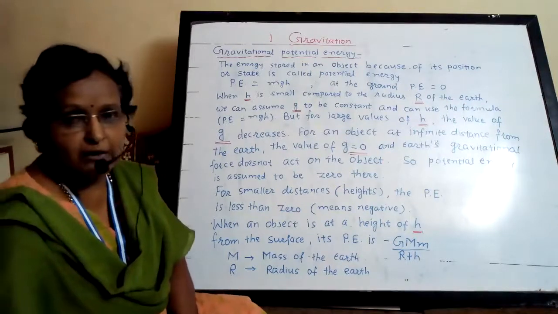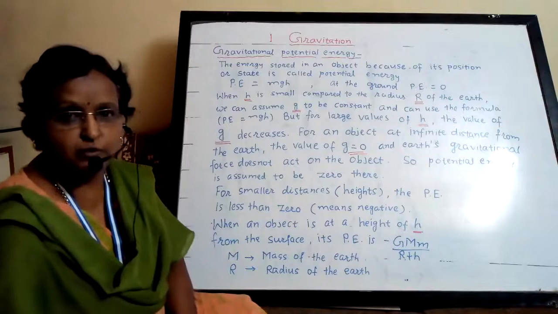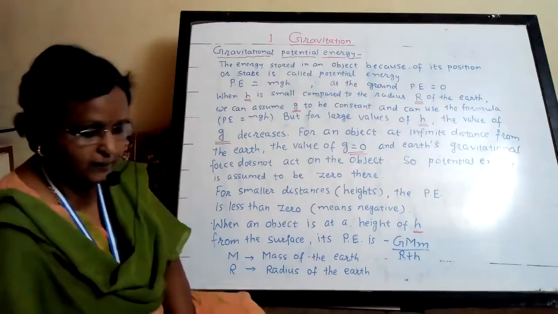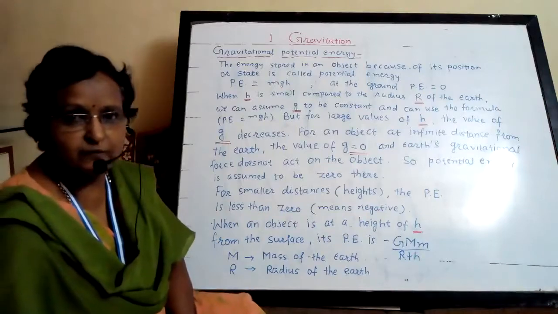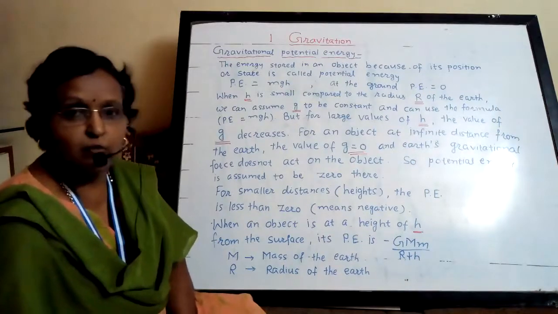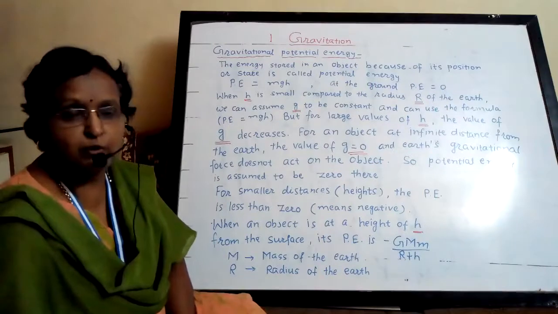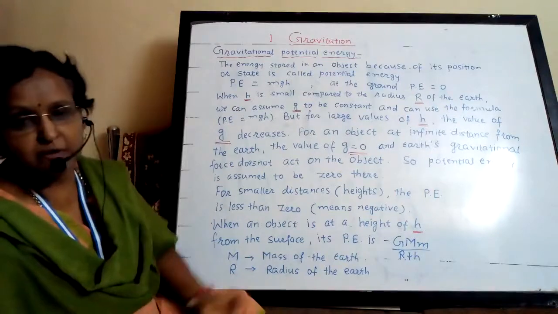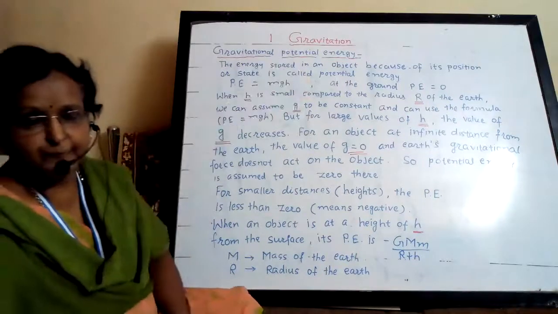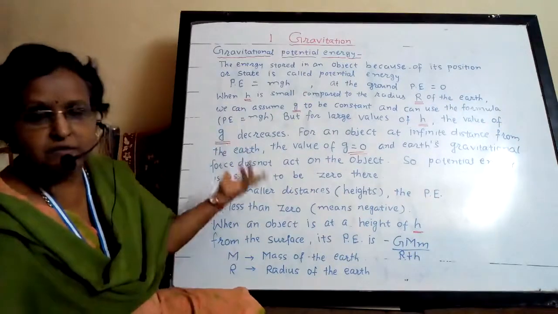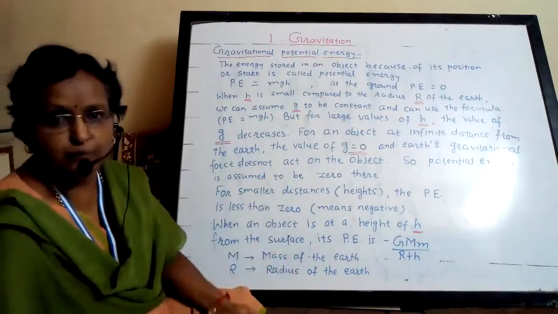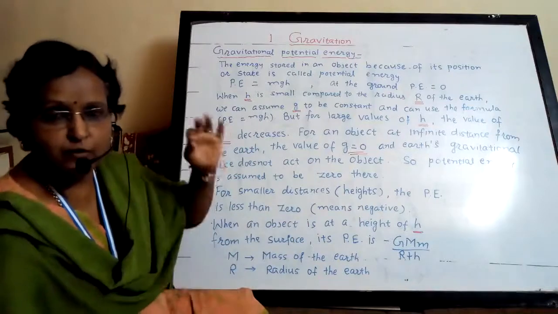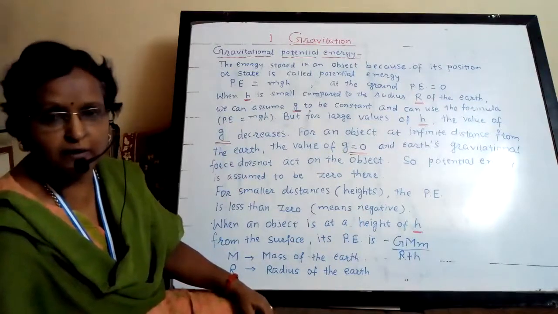But for large values of h, yesterday I showed you one table. Suppose the height of a communication satellite is 35,700 km, then the value of g is 0.225 meters per second square. And if the object is at a distance of infinity from the surface of the earth, then g will be taken as 0, and g is 0 means there is no gravitational force acting on the object.